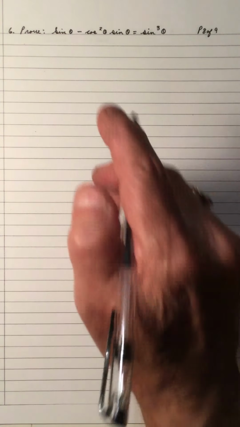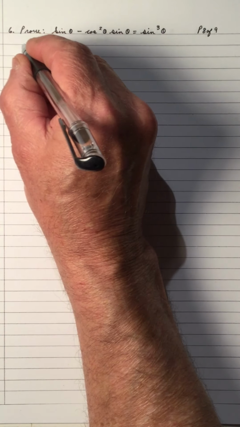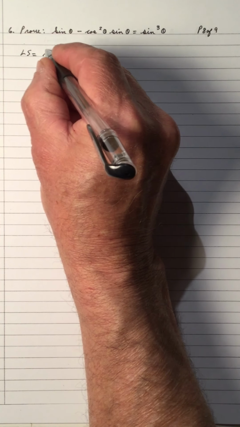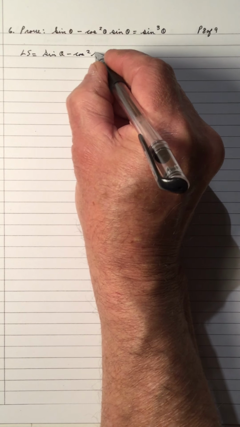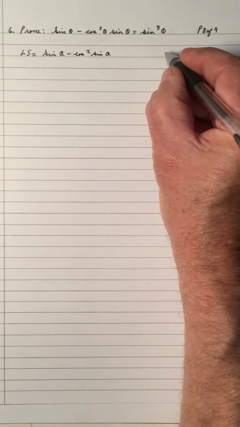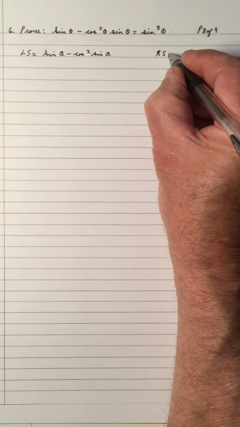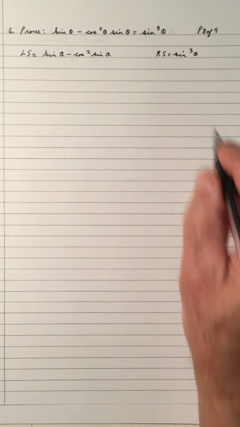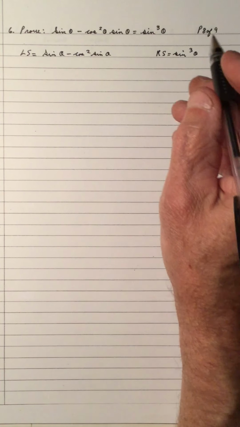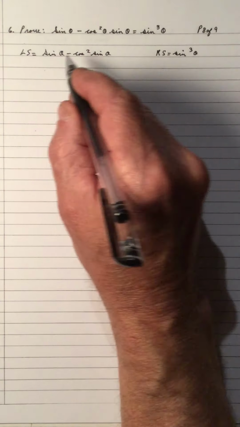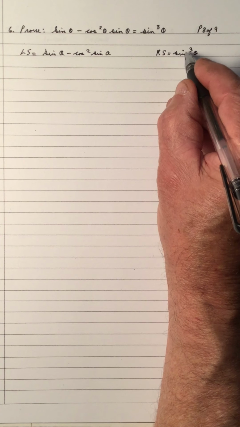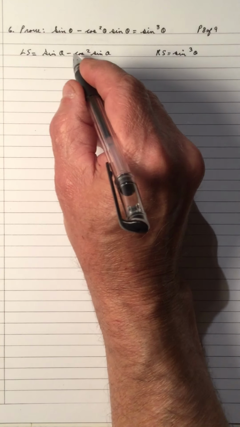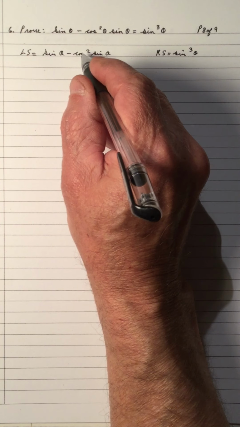Number 6, proof again. We have a left side, which is sine theta minus cos squared theta sine theta, and a right side, which is sine cubed. So I look around and say this side is easier, so I have to change this side to this. But notice that the right side is sine. That means cos has to go.